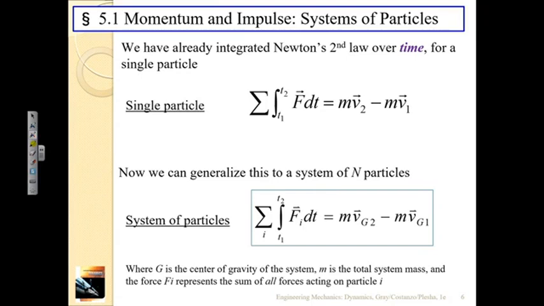The sum of my momentum at state 1 is equal to the sum of my momentum at state 2 over all these particles. If you don't like it this way, sum from i equals 1 to n of m_i p_i1 equals sum of m_i p_i2. I want v in there. Sorry. Pretend I didn't write that.